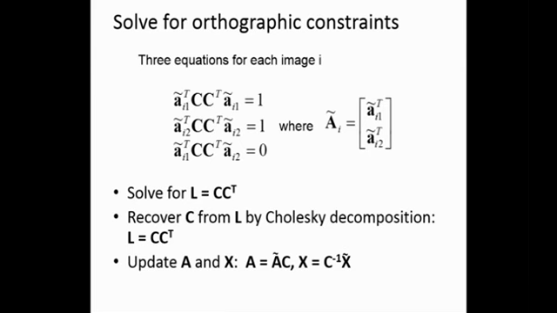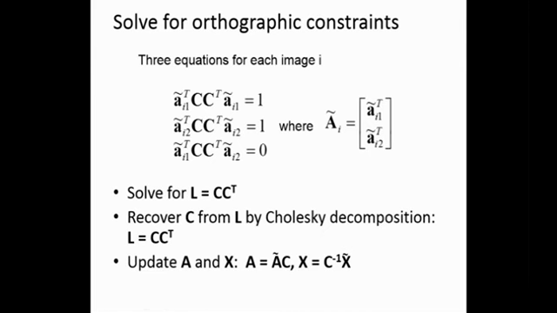I want each row to be unit length after given some C, and I also want them to be perpendicular. That gives me 3 equations for every camera, and I've got a whole bunch of cameras. So I have 3 times m equations, and I'm trying to solve for some 3 by 3 matrix. As long as I have at least a few cameras, I can solve for this.